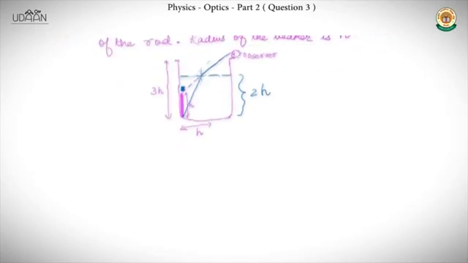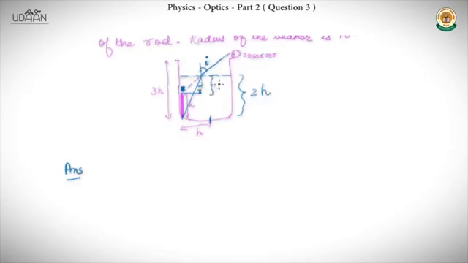So, here this is the normal. We see this is the incident ray, this is the refracted ray. Now we apply basic geometry. We saw that the radius of the beaker is h. This height is h. So this total height is 2h.